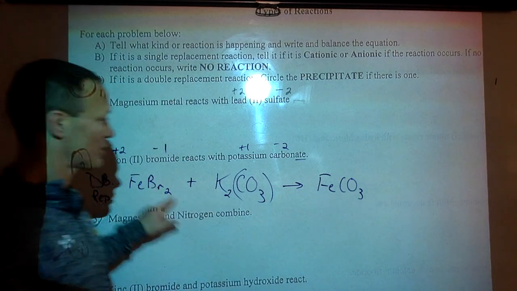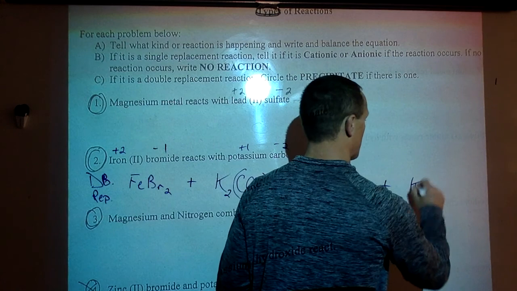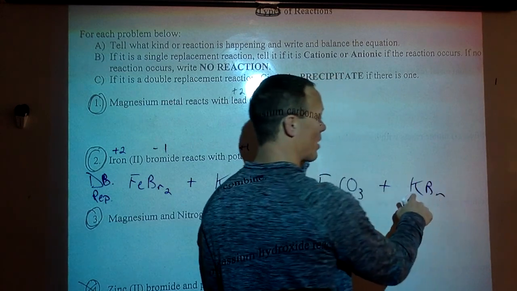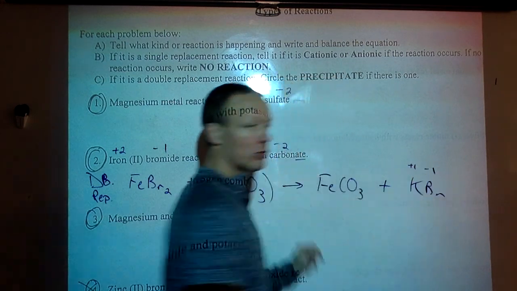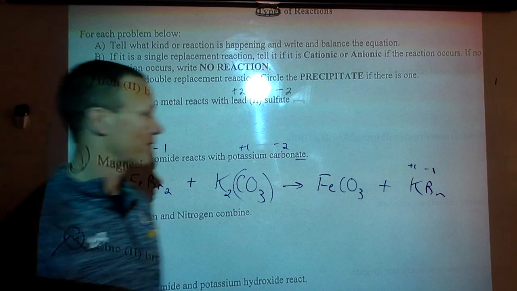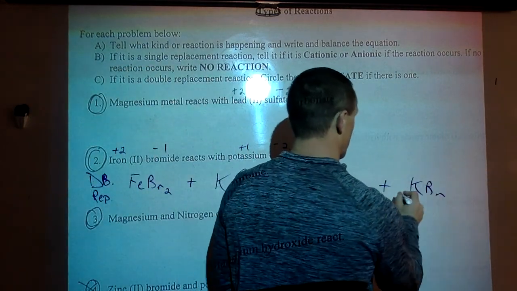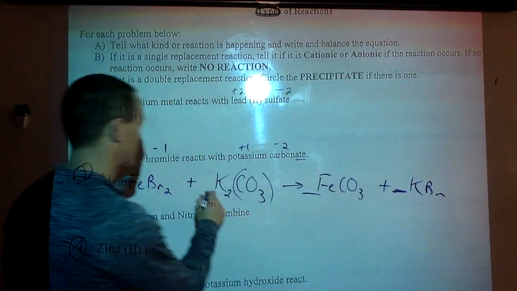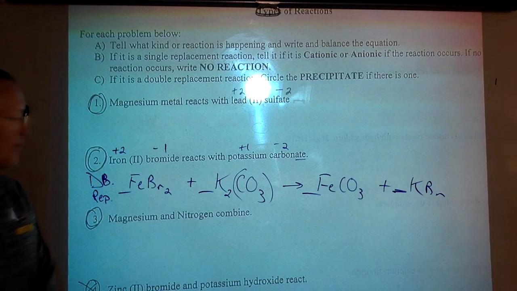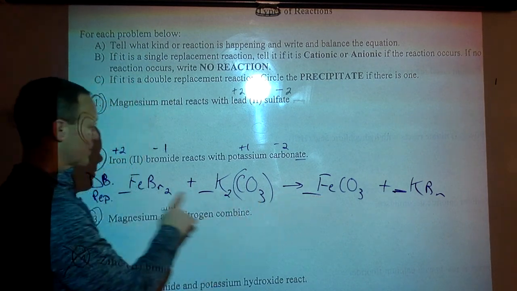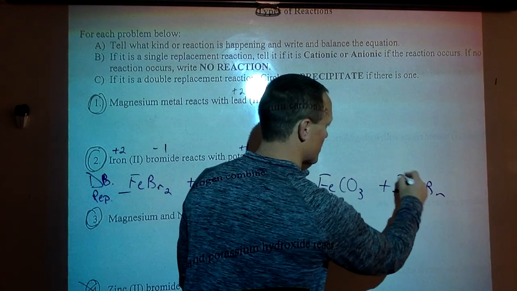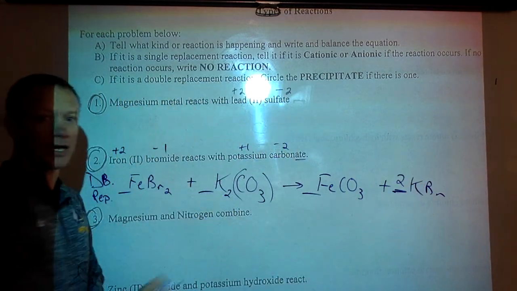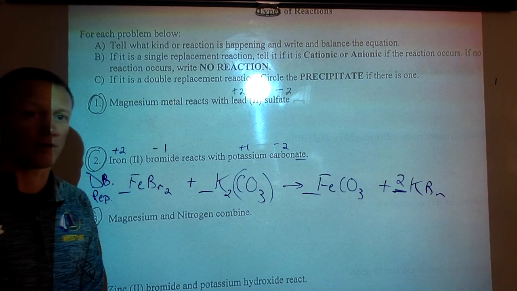The K goes to the Br, plus 1, minus 1 charge for those, so those are good. Put in coefficients to balance it. We've got 1 Fe, 1 Fe, 2 Brs, only 1 over here, so we need 2 there. That gives us 2 Ks, 2 Ks. I think we're good. Everything else would be a 1 in front of it.